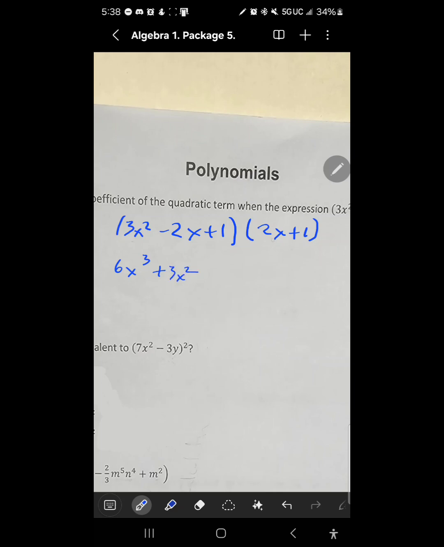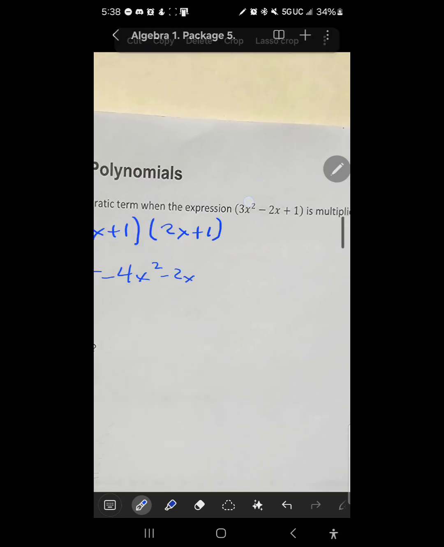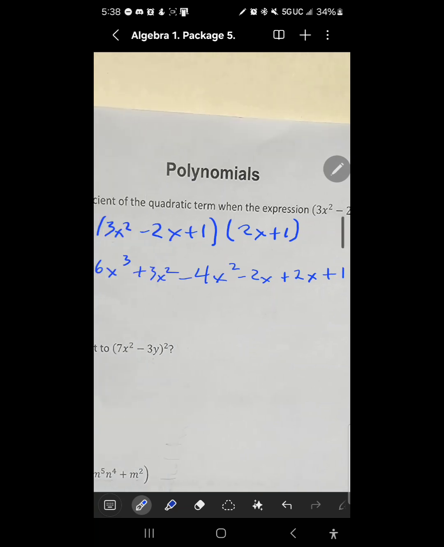Now negative 2x times 2x will be negative 4x squared, since negative 2 times 2 is negative 4, and x times x is x squared. Then negative 2x times 1 is just negative 2x. Now 1 times any number is just itself, so we rewrite 2x, and 1 times 1 is just 1. So now we need to combine like terms.